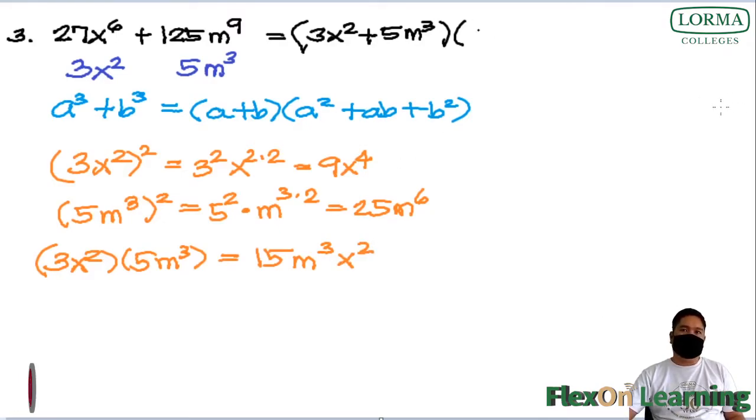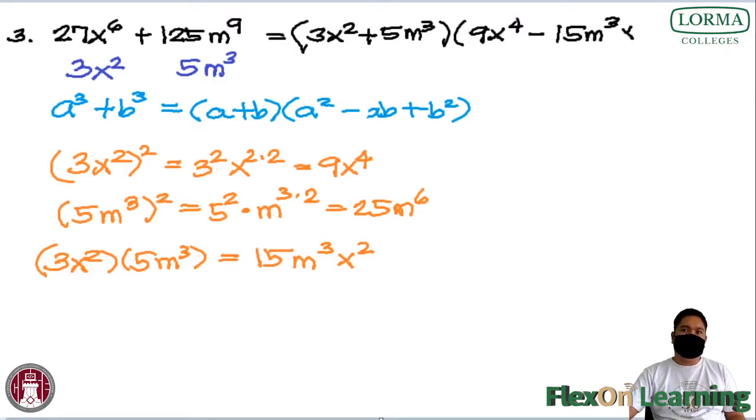Now our product would have been 9x fourth. Then we have, this should be minus, if I'm not mistaken. Yeah, that should be minus 15m cubed x squared, or x squared m cubed is still acceptable.